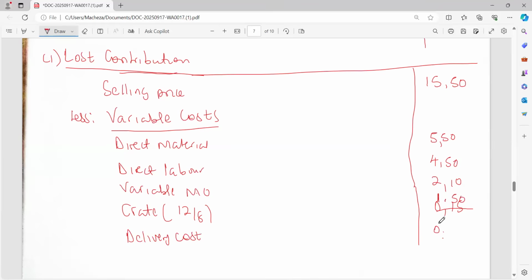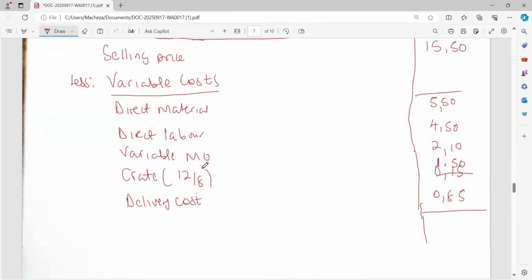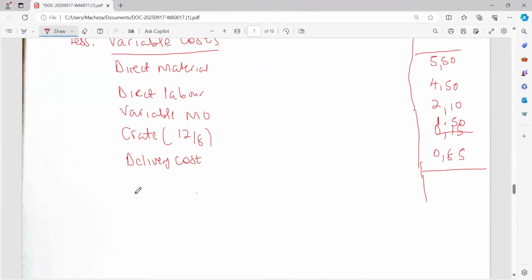So we need our variable cost. Let's calculate the total variable cost so that we can have our contribution here. It's 1 Rand 5 cents, 1.05. That's the last answer, the contribution.